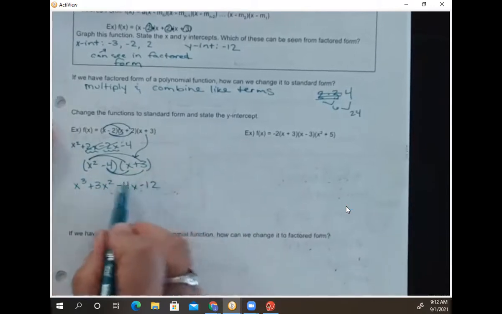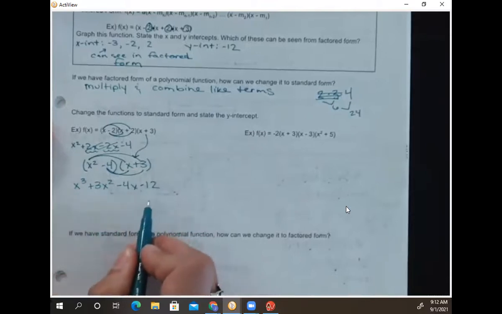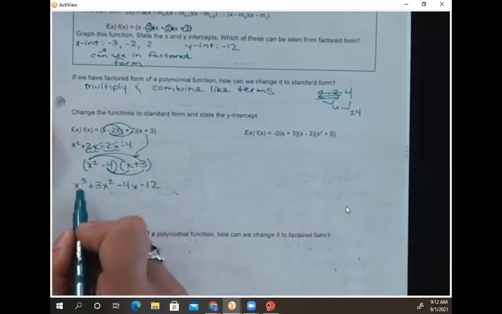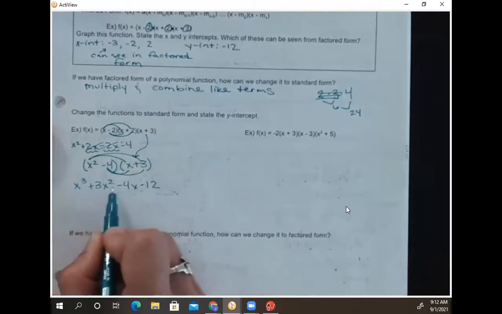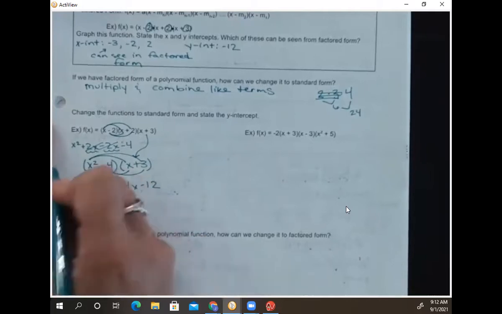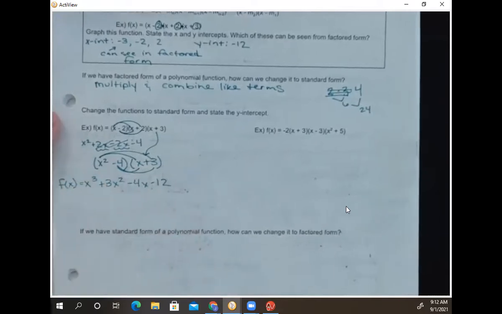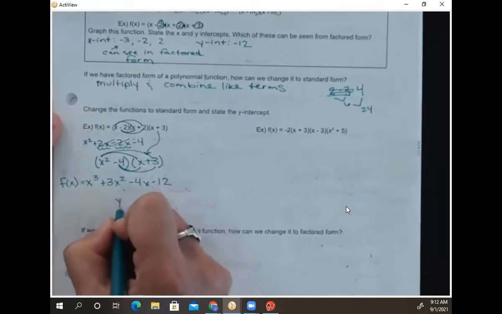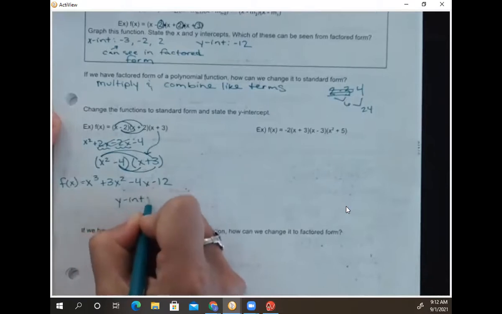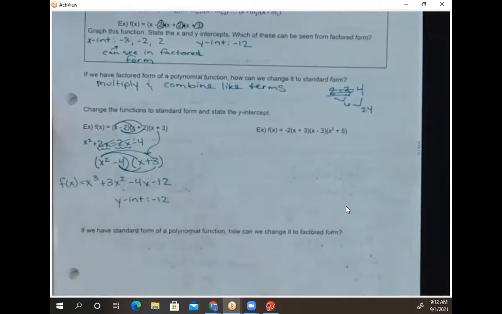I don't have any like terms to combine here, and I'm in standard form already. The term with the biggest exponent is first. It goes in decreasing order down to my constant term. So this is my standard form function. What's my y-intercept? -12, perfect.